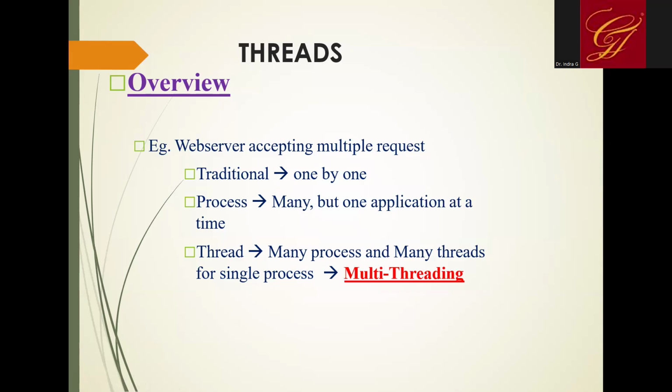In case of multi-process, you have many processes related to one application at a time. But by implementing the multi-threading concept, many threads for a single process can be implemented. So this is the overview of the thread and an example of a thread.